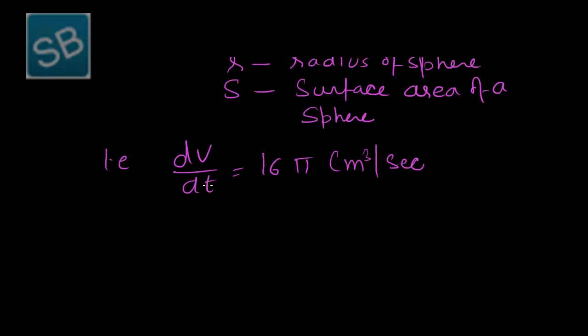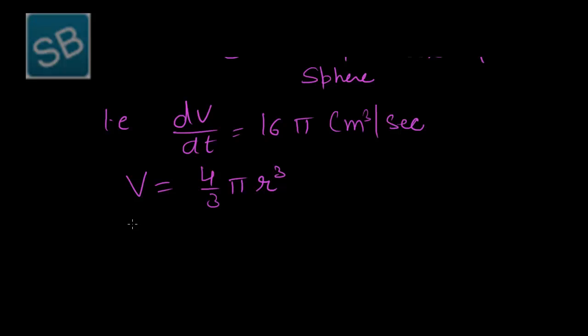So next, as we know that volume of the sphere is 4 by 3 pi r cube. We have to find derivative of V with respect to t.